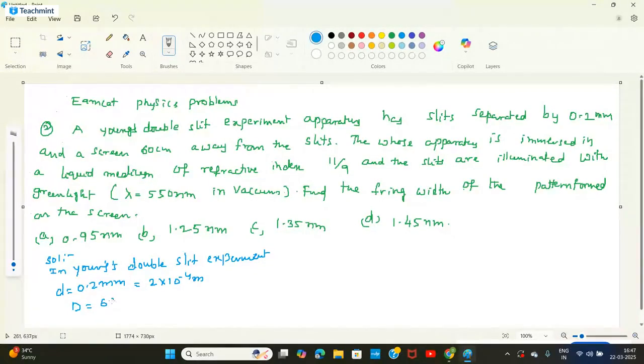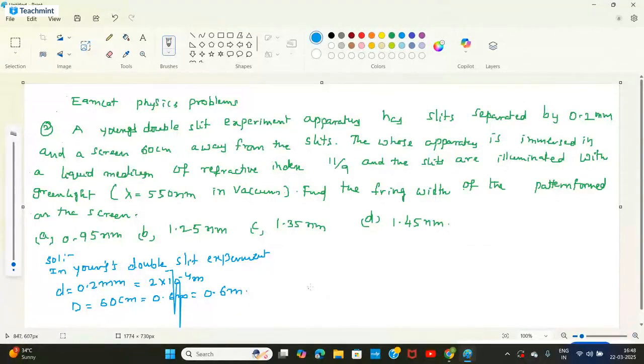That's why capital D equal to 60 centimeters, in meters 0.6 meters by dividing with 100.